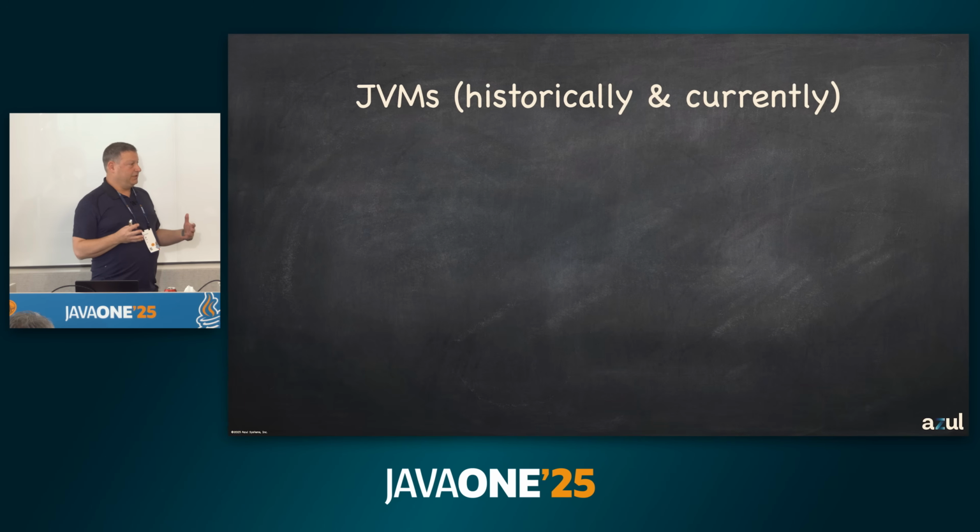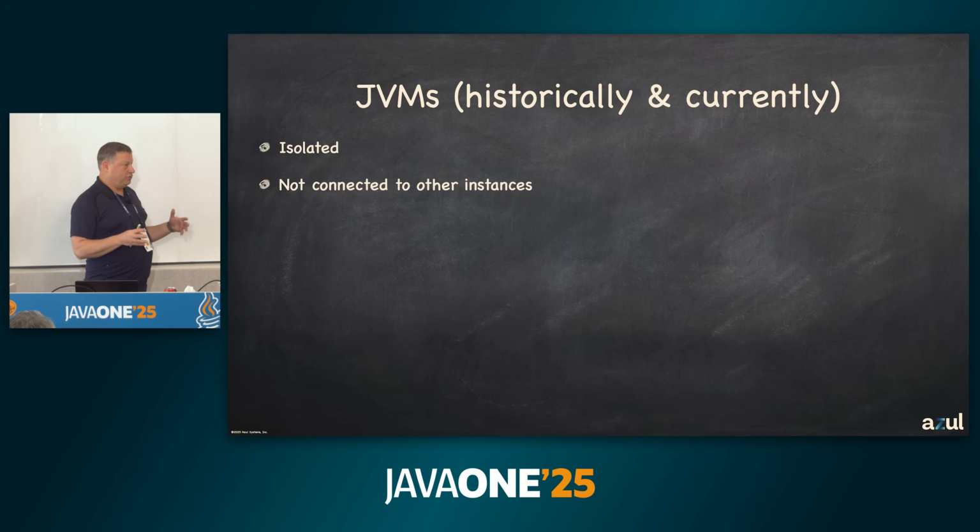And to that, we could look at historically and even currently some of the common qualities of JVMs and managed runtimes in general. To start with, JVMs, as we're used to seeing them, are isolated. They stand by themselves. They don't connect or know about any other JVM.